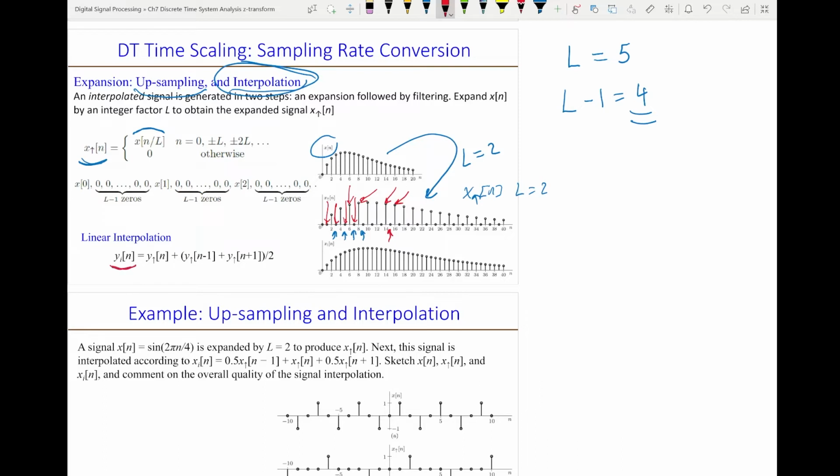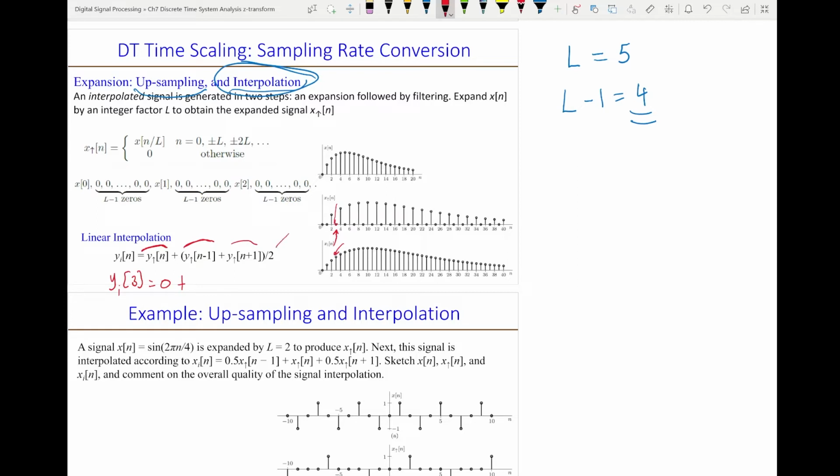So for the upsampled signal, instead of the up arrow, now we put this I, meaning interpolated. For example, if I want to estimate this 0 here, so I want to find out what this value should be. So the interpolated signal at n equal 3 will be the value of that sample in the upsampled signal, which is in this case just 0, plus the value of the upsampled signal 1 unit earlier and 1 unit after, divided by 2.